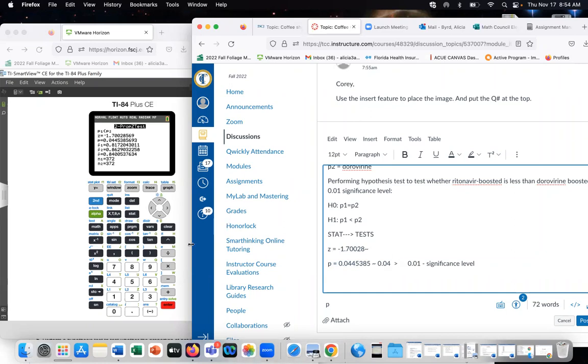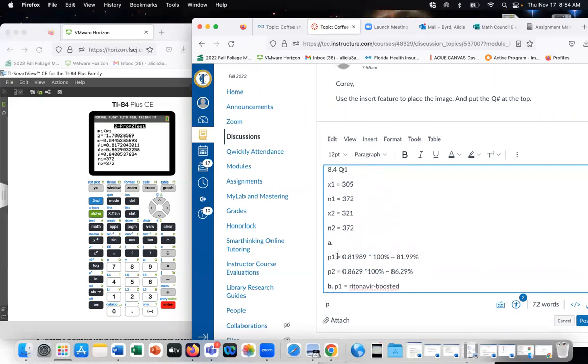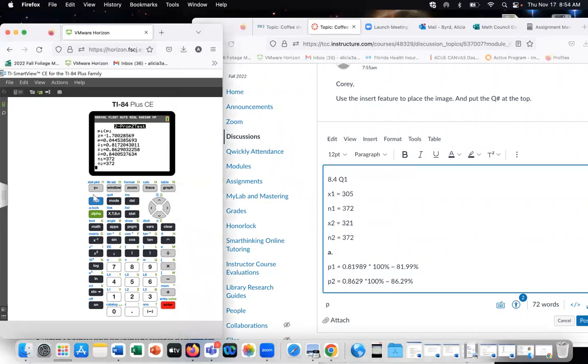It's saying the correct answer was negative 1.61 for Z. For the test, yeah, for Z. So we had 305. Let me double check my numbers. Was it 372 for both of them? I'm about to look it up. 0.0445.